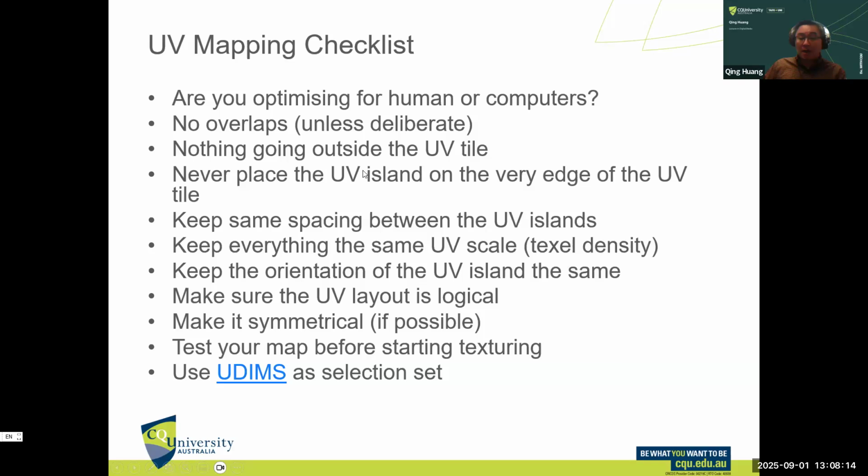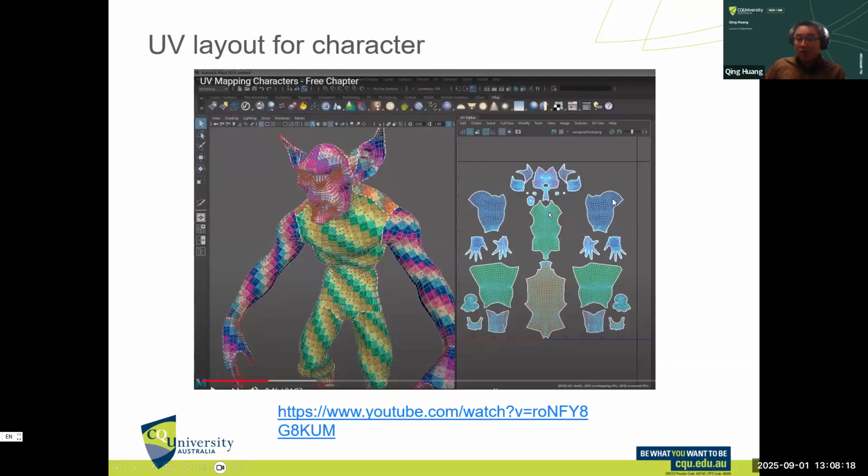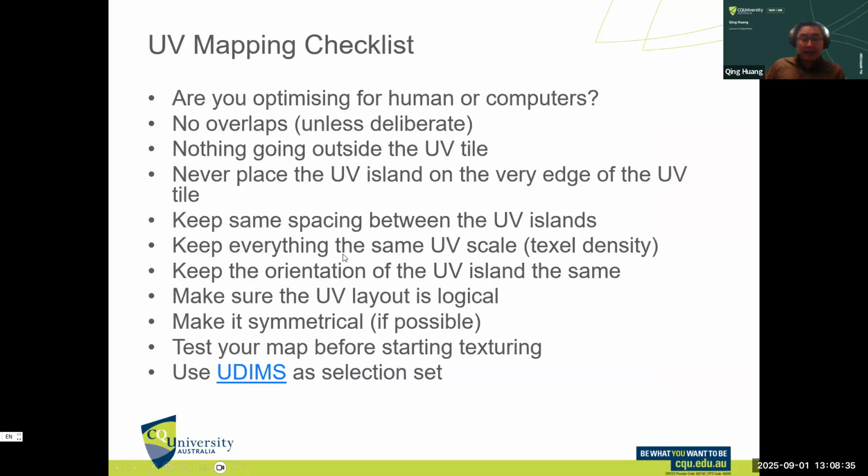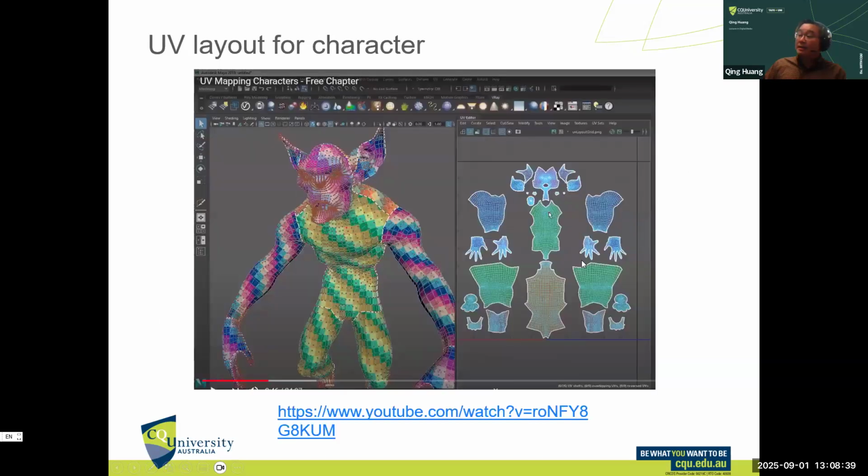Never place your UV island on the very edge of the UV tile. These are called UV island patches, in Maya terms called UV shells. Try not to get too close to the edge and not to overlap each other as well. So that's the principle, and keep the same space between the UV islands. With human-centric, you don't really need to worry about that because there's plenty of room in between.